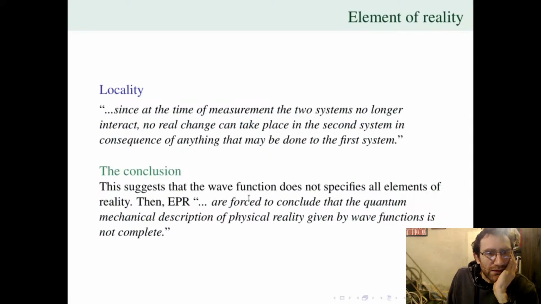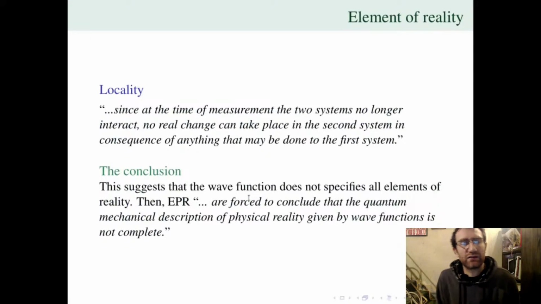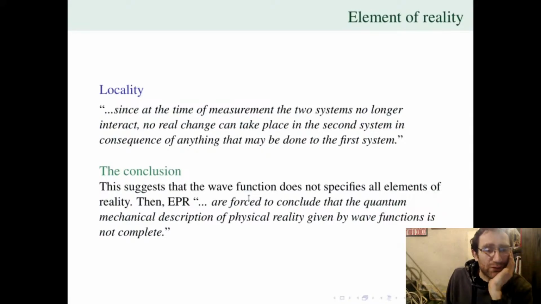Given that you assume the principle of locality, and you are able to determine the state of the distant particle because of correlations, they conclude that the wave function is not specifying all elements of reality. So Einstein, Podolsky, and Rosen are forced to conclude that the quantum mechanical description of physical reality given by the wave function is not complete.